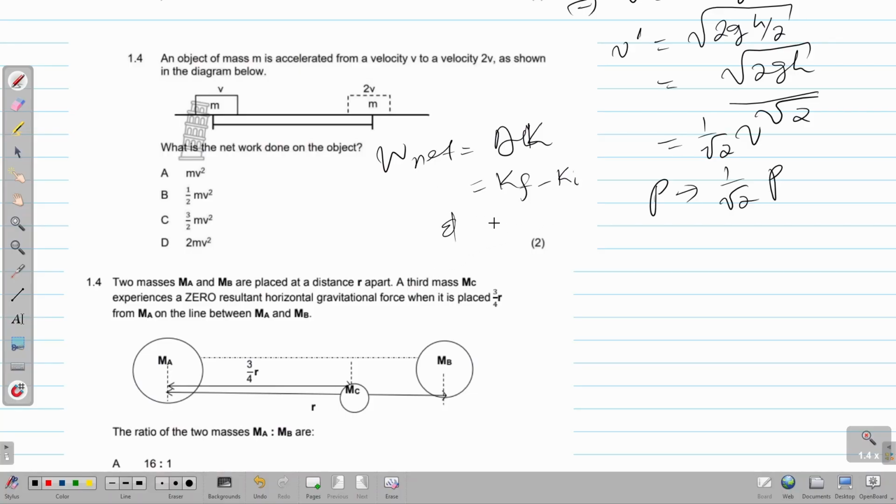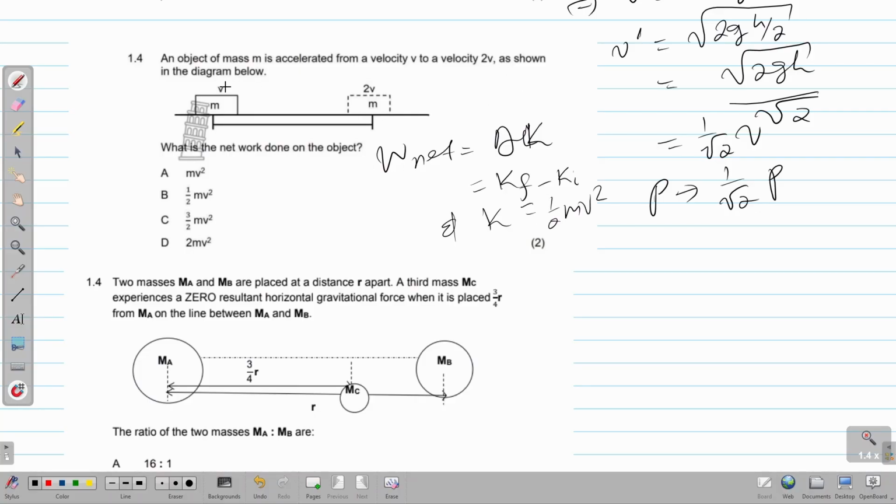And the kinetic energy is half m v squared there, right? So when we want net work done, we basically want to determine the change in kinetic energy.